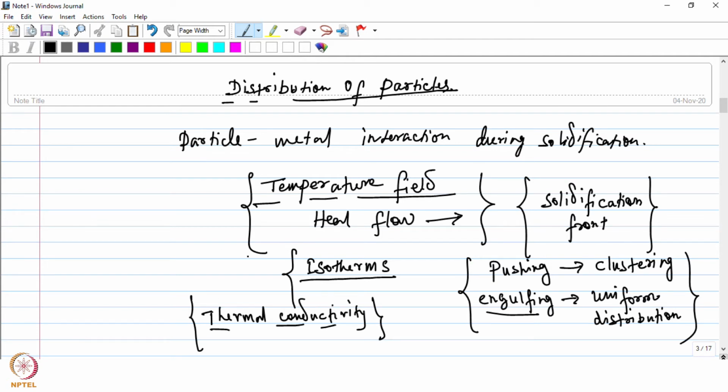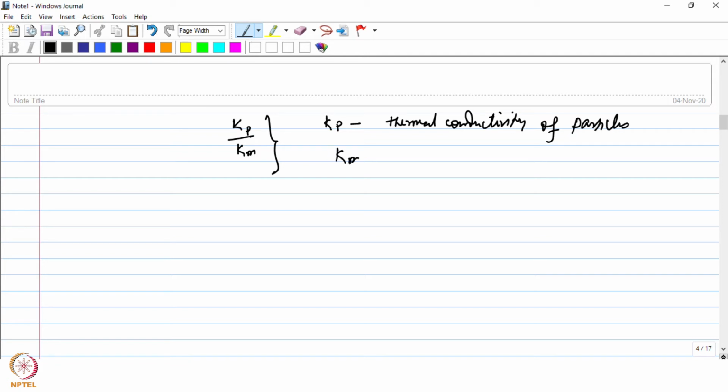So you will have to actually look at the thermal conductivity ratio, Kp by Km, where Kp is the thermal conductivity of the particles, and Km is the thermal conductivity of the metal.